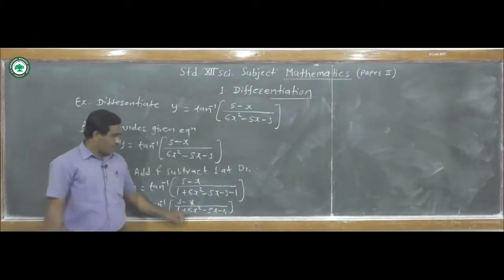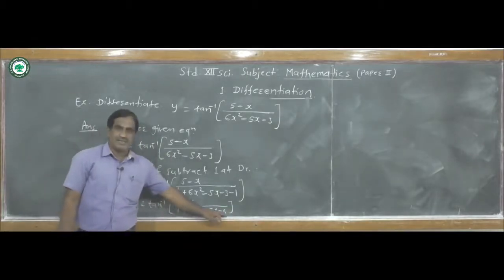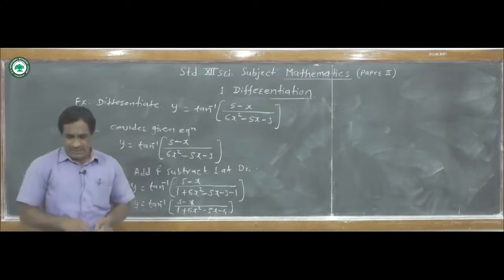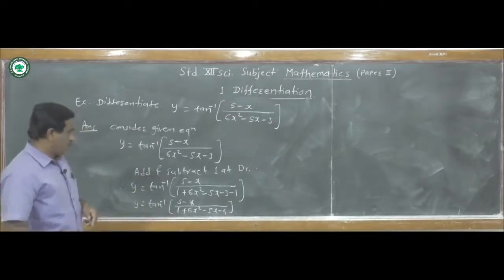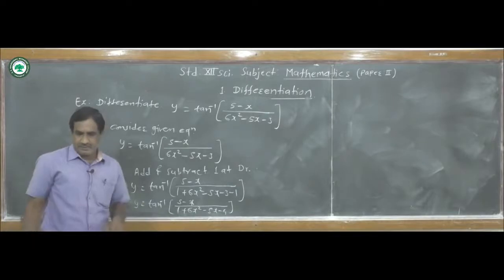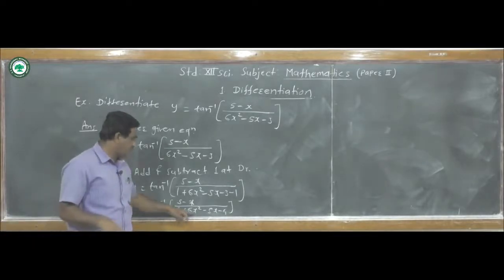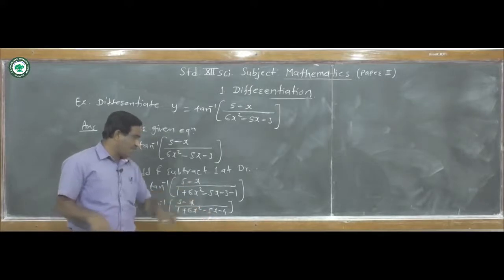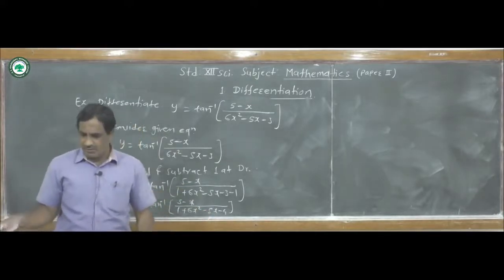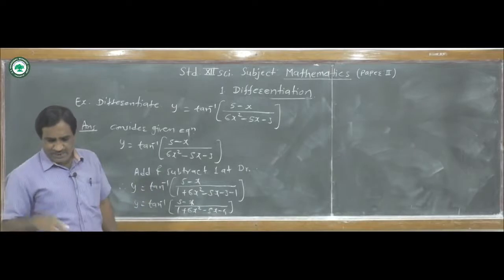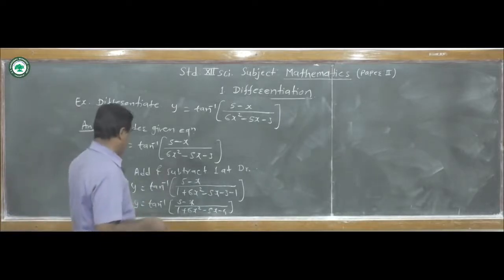Okay, now this 6x square minus 5x minus 4 is a quadratic equation. It has two roots. Now factorize this equation. Choose any two numbers whose product is minus 24 and addition is minus 5. Now these numbers are minus 8 and plus 3.